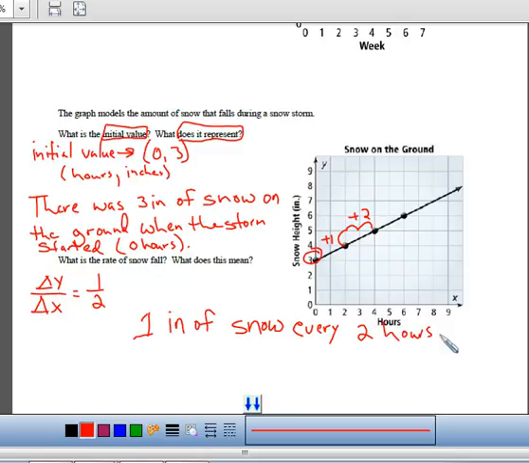Now there's actually another way you can think of this. You can think of it as 0.5 or 1/2 of an inch of snow for every hour. That's the unit rate. Either of those is true.